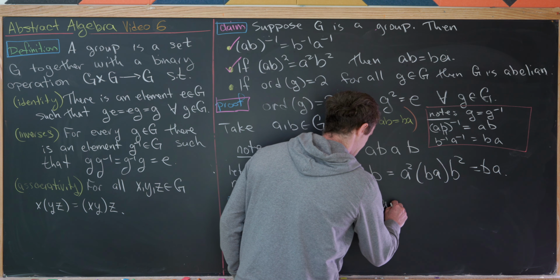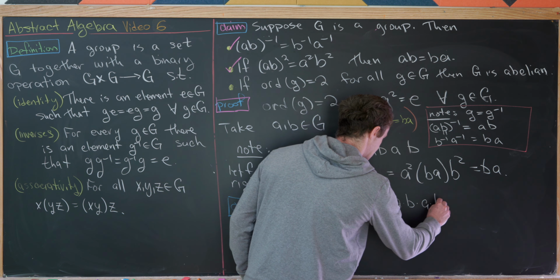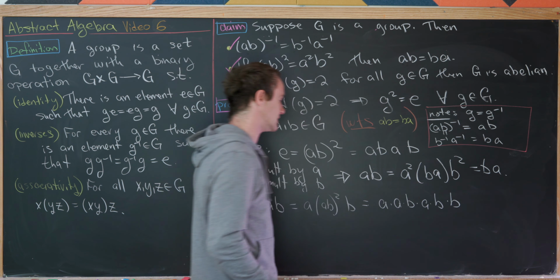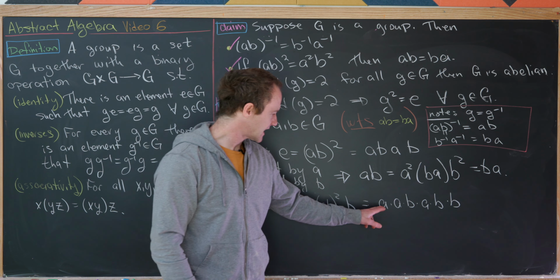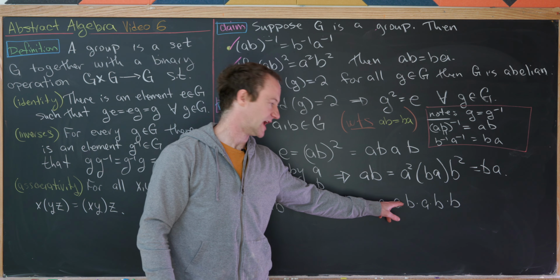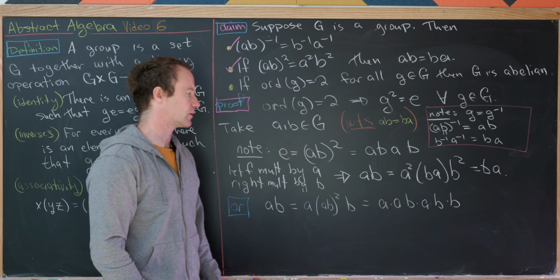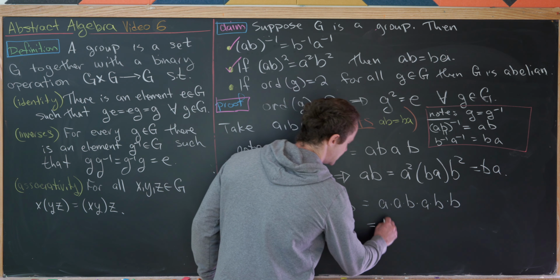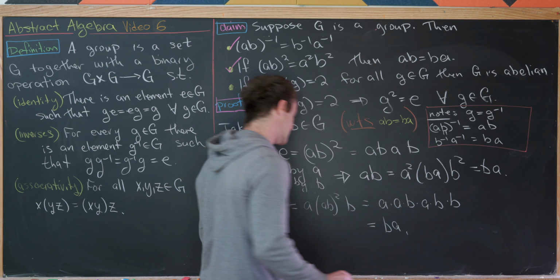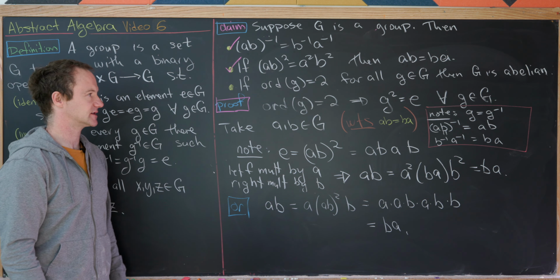That expands out to A times B times A times B times B. So there's our AB squared. But check it out. This is A times A, which is A squared. That's the identity. This is B times B, which is B squared. That's the identity. So in the end, we get the identity times B times A times the identity, so we get B times A. So there's another way of writing this.